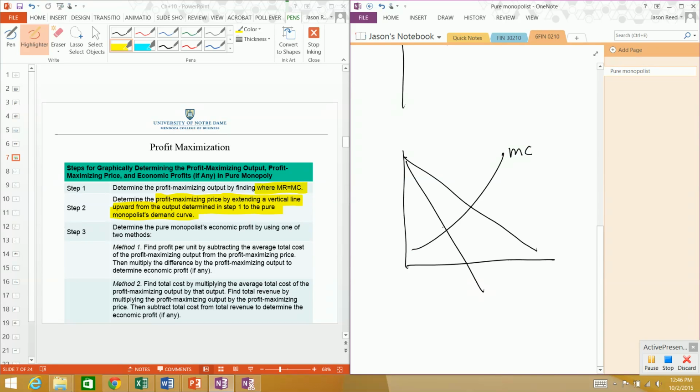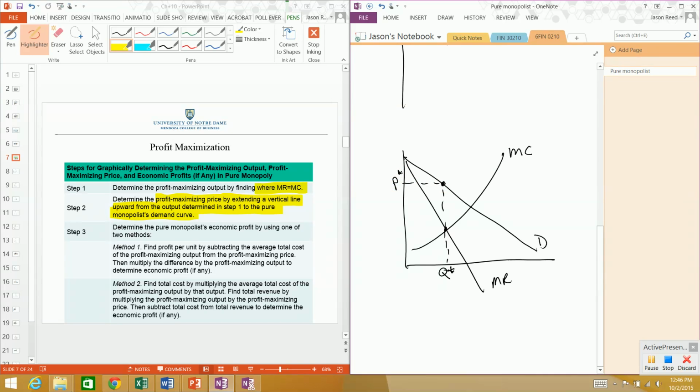So again, we find that intersection where marginal revenue is equal to marginal cost. Right? And so the idea is that's our quantity that will maximize profits. So Q star. Now the second step says we extend this vertical line up to the demand curve. And then this becomes the price that the monopolist will charge.